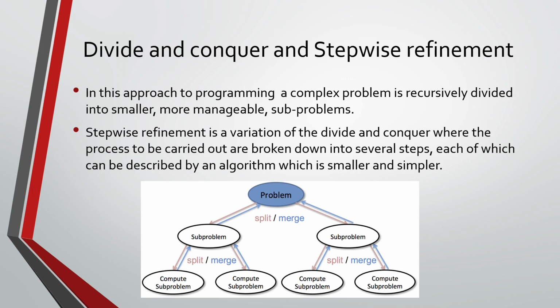We also have the stepwise refinement that is a variation of the divide and conquer, where the process is carried out broken down into several steps, each of which can be described by an algorithm which is smaller and simpler. Here we have a little image where we can see how the divide and conquer strategy is represented.